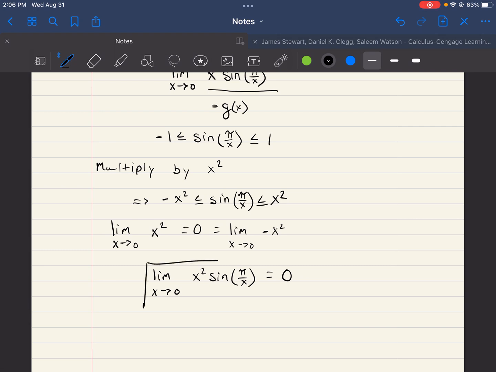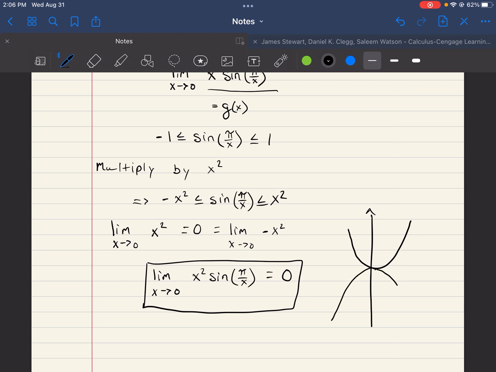So the important thing to note here is that we got this result because we were able to have some bound, our y equals x squared and our negative x squared, and we're able to confine the function x squared sine of pi over x inside that.